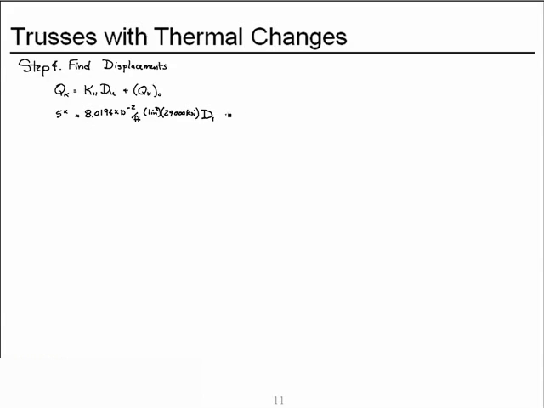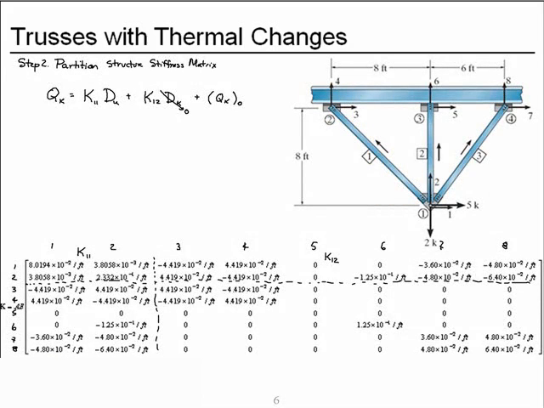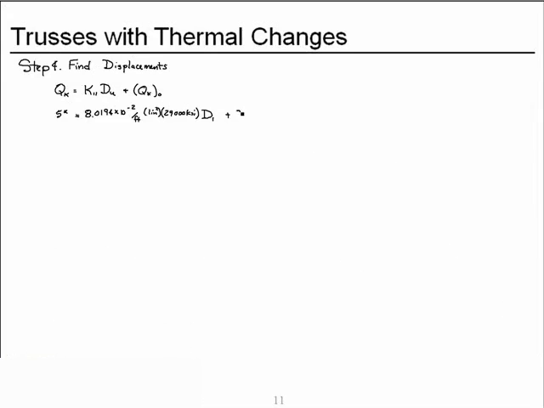to which we add the coefficient that represents force generated at degree of freedom 1 due to displacement at degree of freedom 2, which is this term, times A, 1 inch squared, times E, 29,000 KSI, times unknown displacement at degree of freedom 2.